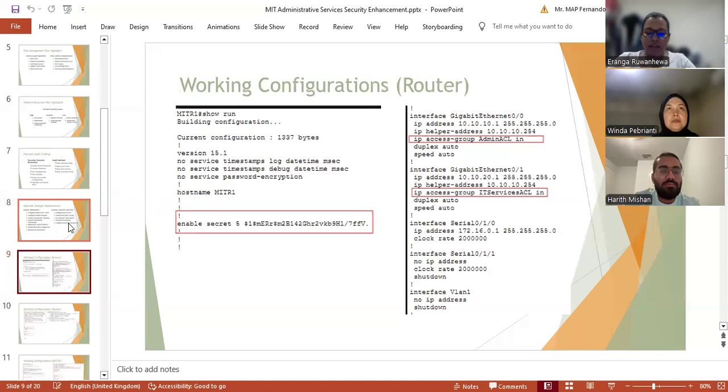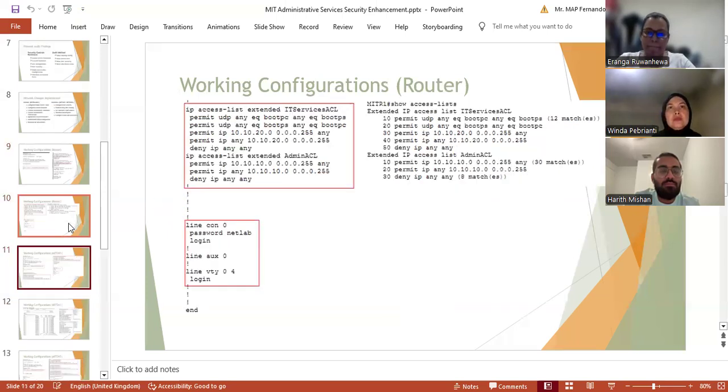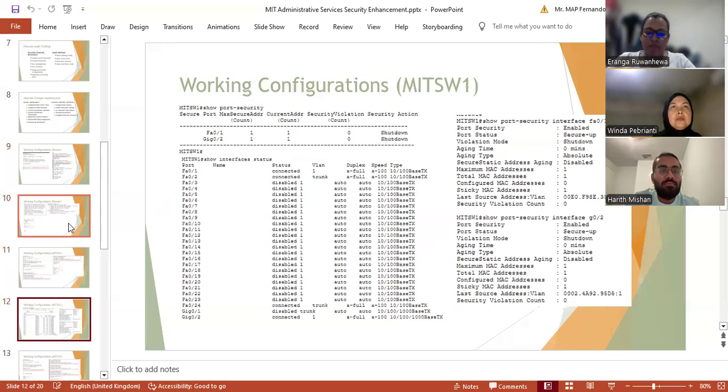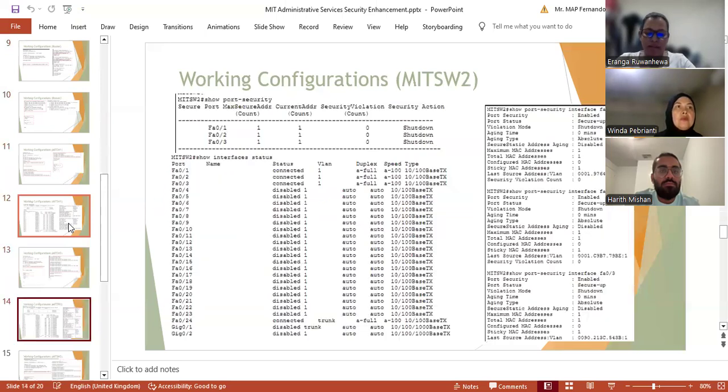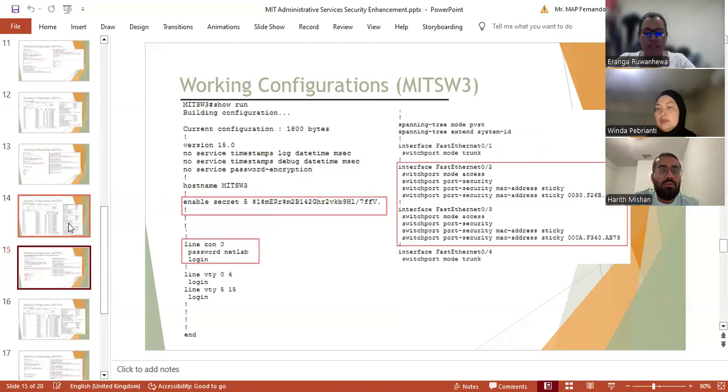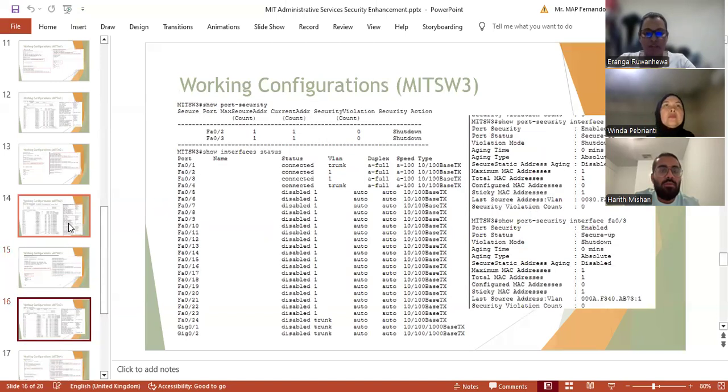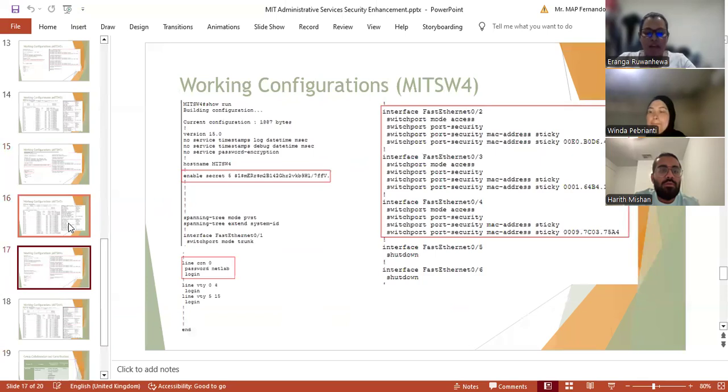In the next slides, I will show examples of the security measures that were implemented as part of this project. These examples demonstrate how the recommended improvements were applied in practice. They show the steps taken to strengthen security and support the overall protection of the organization. As you can see, each improvement contributes to creating a safer and more reliable network environment.